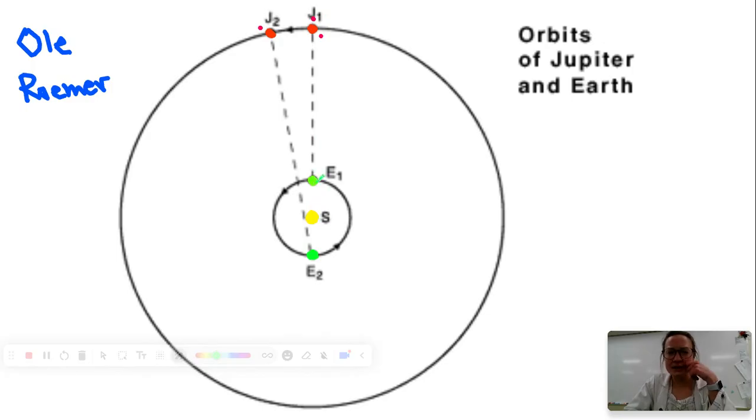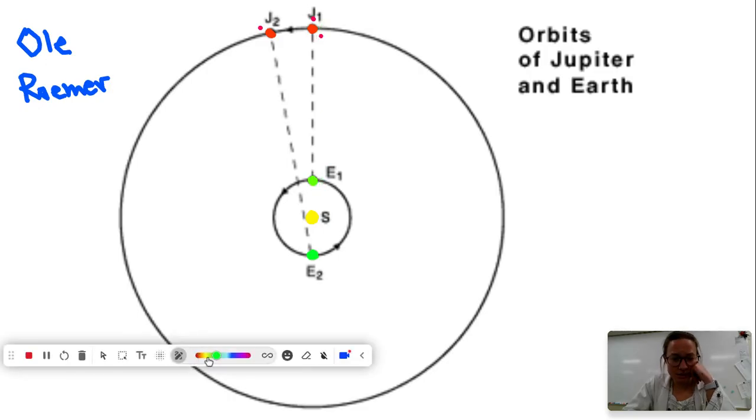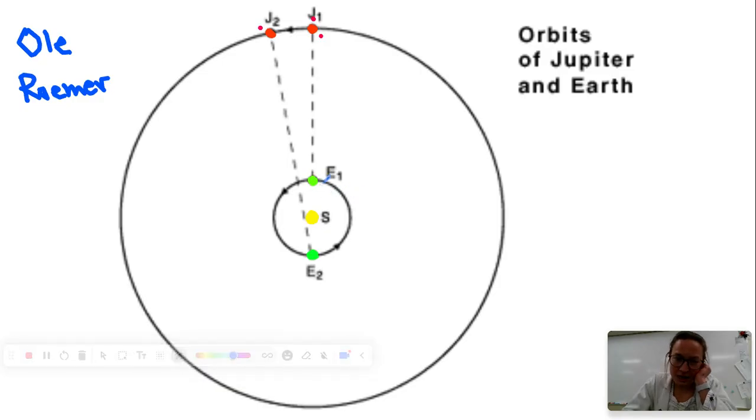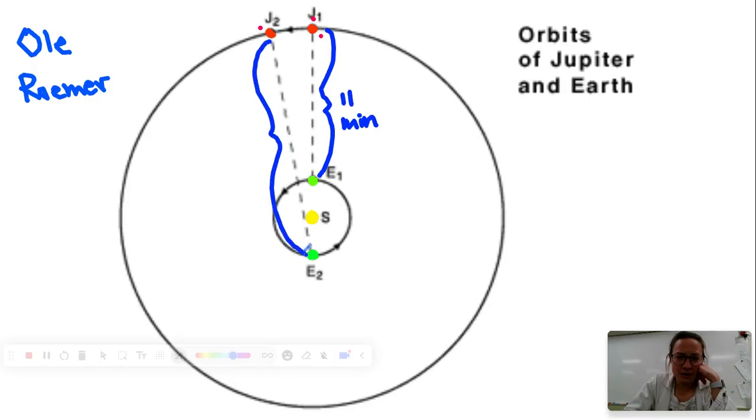He said when Earth is closer to Jupiter in its orbit, like for this short distance, it looks like the eclipse gets there 11 minutes too early. In other words, the light gets to him 11 minutes faster. Then he said when we're over on this side, far away from Jupiter, it looks like the light gets there 11 minutes late.